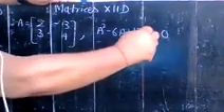If A is equal to matrix [2, 3; -3, 4], then prove that A square minus 6A plus 17I is equal to 0, and hence find A inverse.